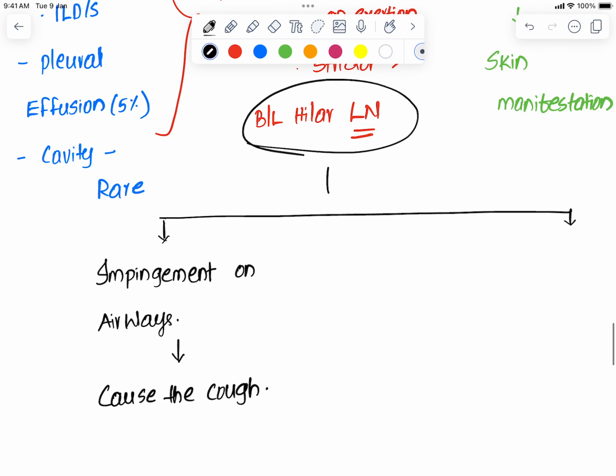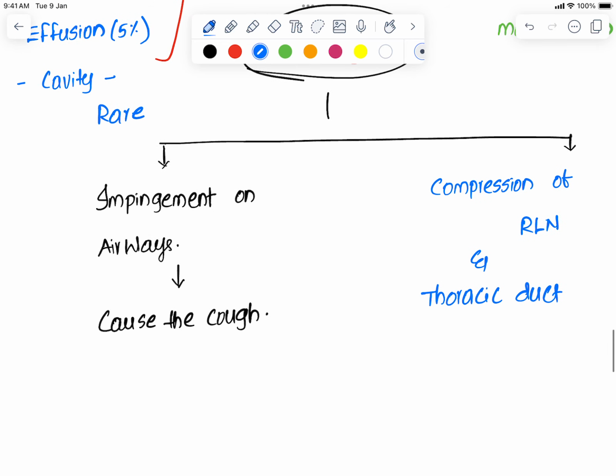And this bilateral hilar lymphadenopathy will also cause compression of the recurrent laryngeal nerve. And not only the recurrent laryngeal nerve, you also have compression over the thoracic duct. Because of the compression over the recurrent laryngeal nerve, that will contribute to hoarseness of the voice.